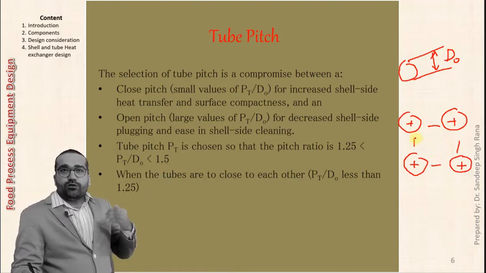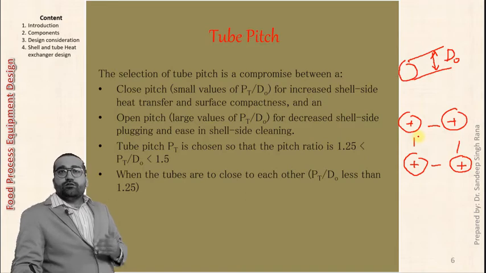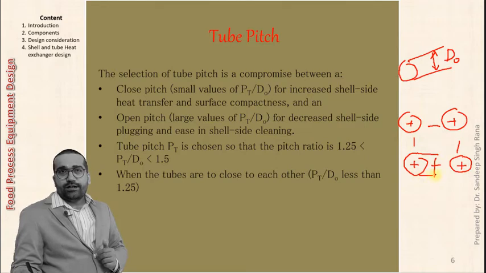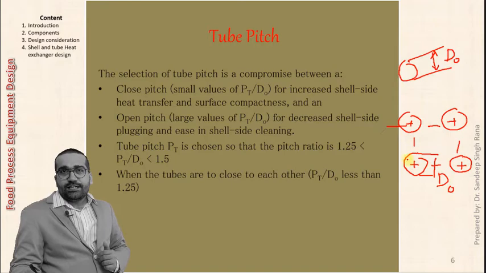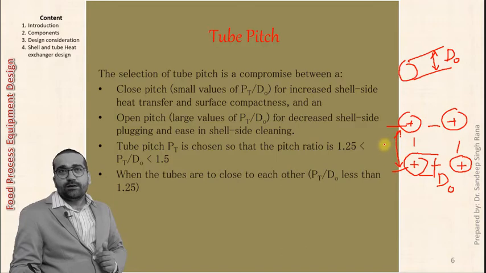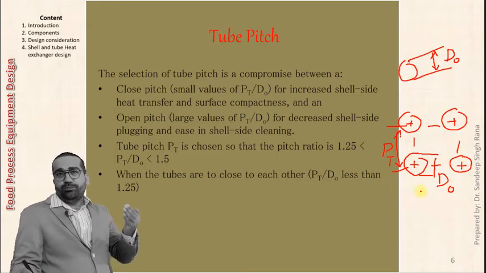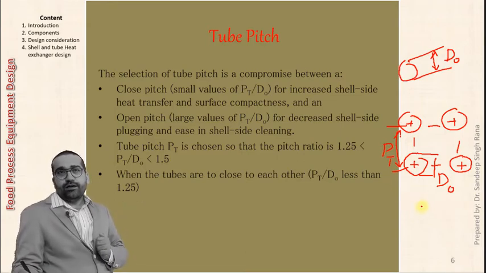Talking about the box, what is pitch here? We know D naught, the outer diameter. The distance between the center of one tube to another is known as P. That is the tube pitch.